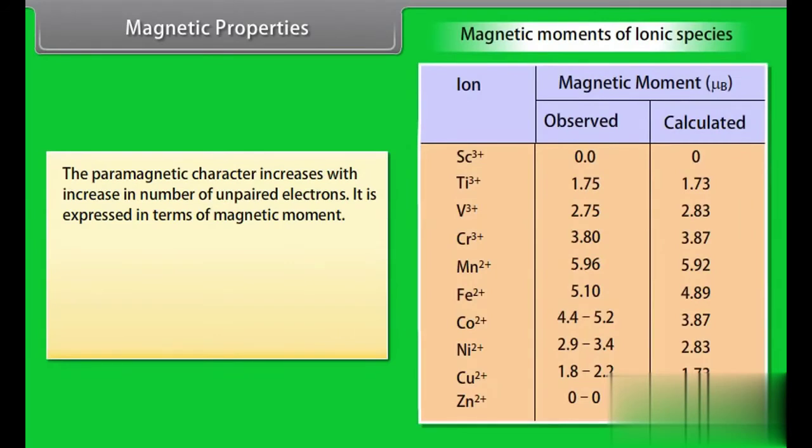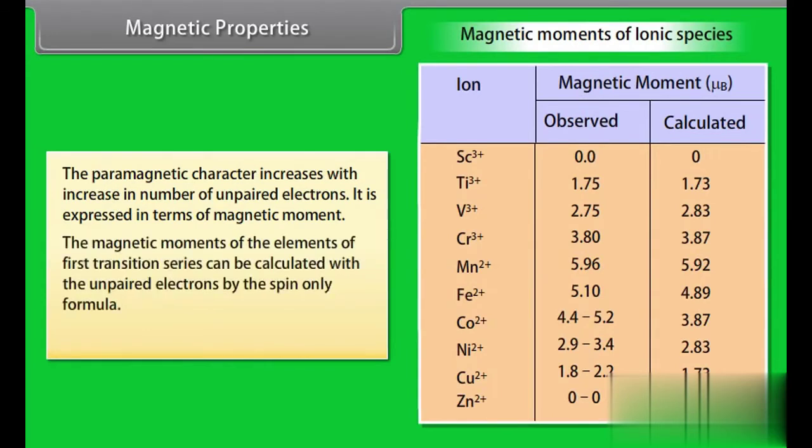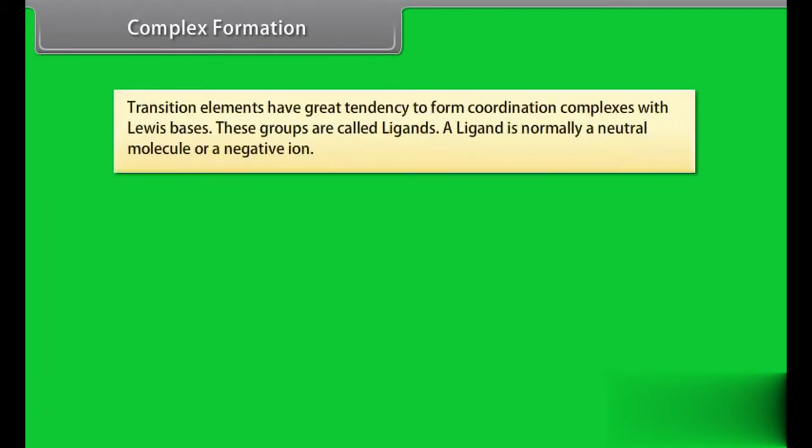It is expressed in terms of magnetic moment. The magnetic moments of the elements of the first transition series can be calculated with the unpaired electrons by the spin-only formula.